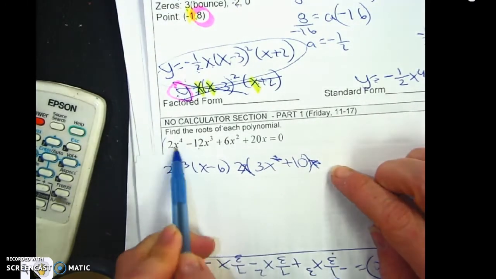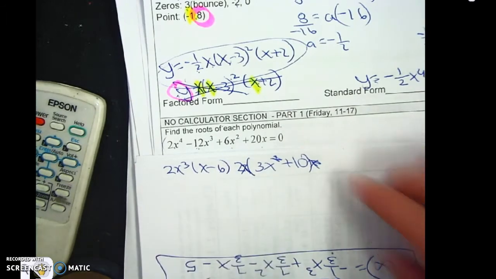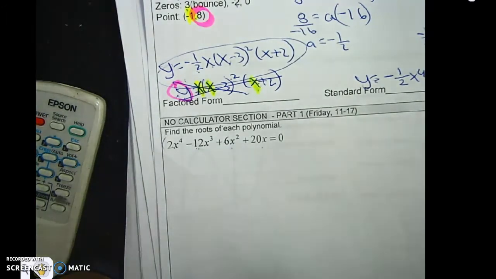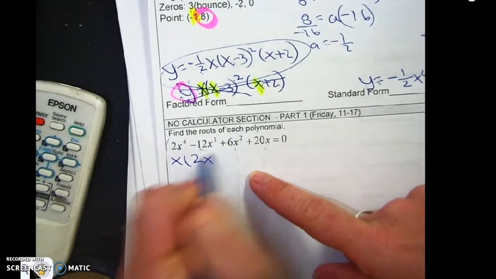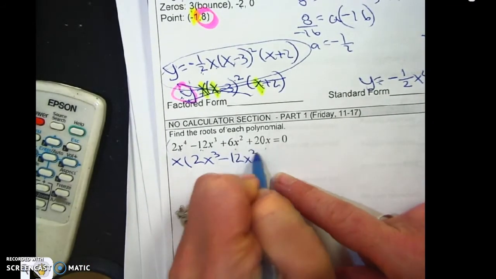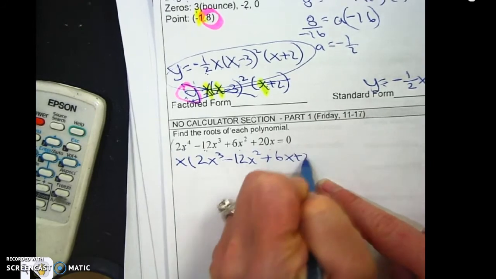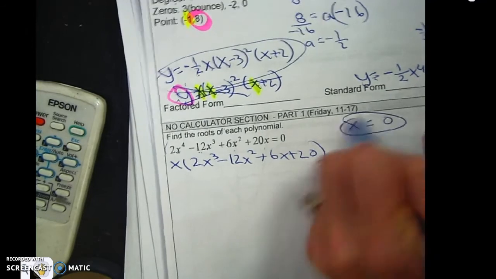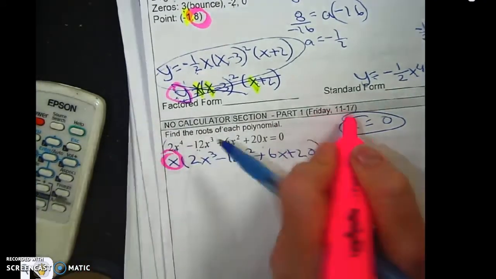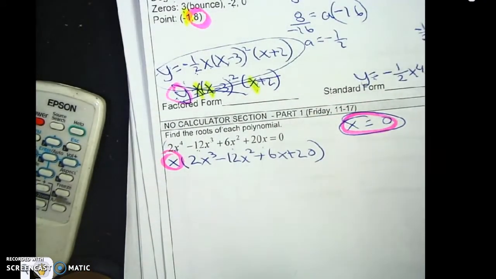I also knew this because this was plus minus, and this was plus plus. But what I do see is that this one, and this one all have an x. So for me, I'm going to make my life a little bit easier and take out an x. So I know one of my answers is 0 because of that x. So I'm just going to get that done and put that to the side.